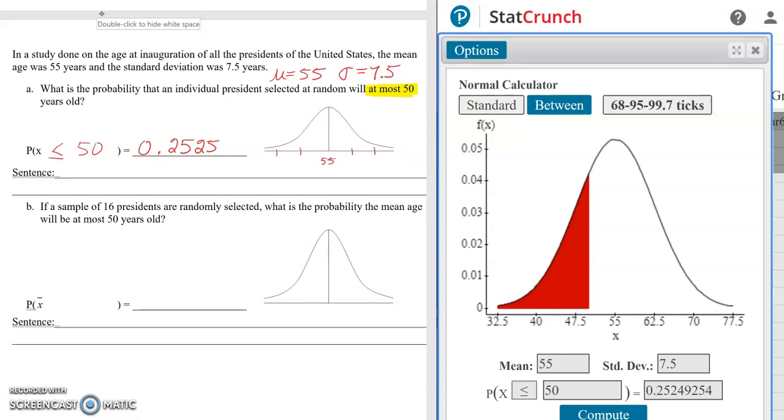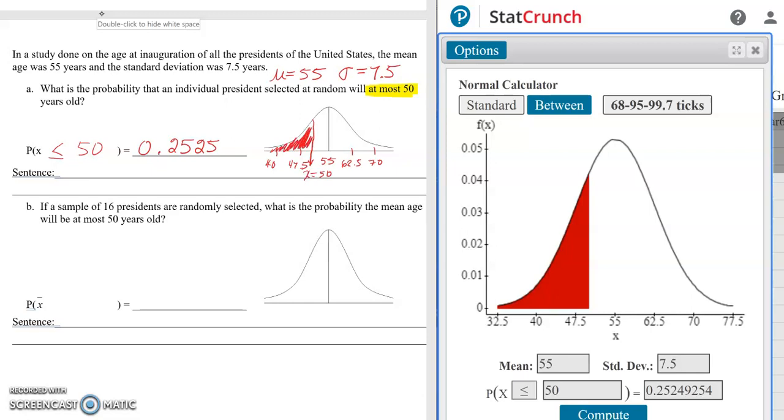On our curve, notice our mean is 55, and I'm going to draw out to 2 standard deviations above and below the mean. So I'm going to draw 40, 47.5, our mean of 55, then 62.5, and 70. Since x is equivalent to 50, we draw approximately where 50 is and write x equals 50, and then shade to the left since it's less than or equal to.